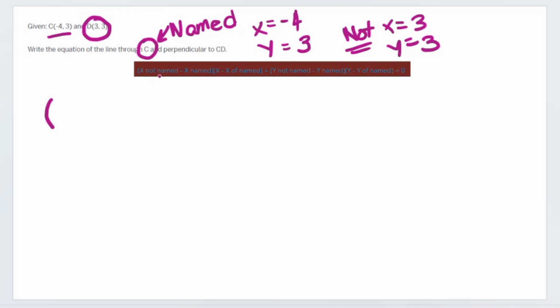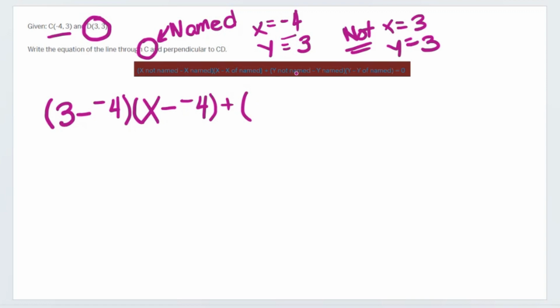The x of the not named, that's 3, minus the x from the named, that's this -4. Again, we have x, just plain old x, minus the x of the named, that's the -4 again. Close it. Plus, now we do the same thing for the y's.